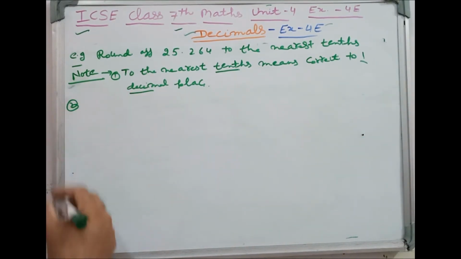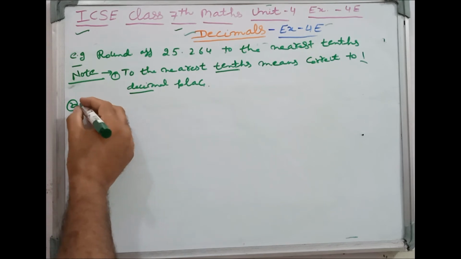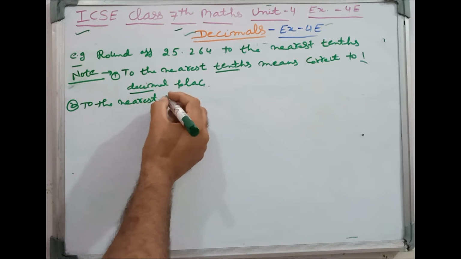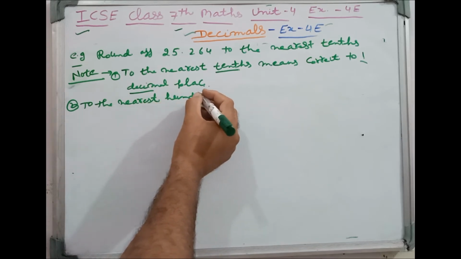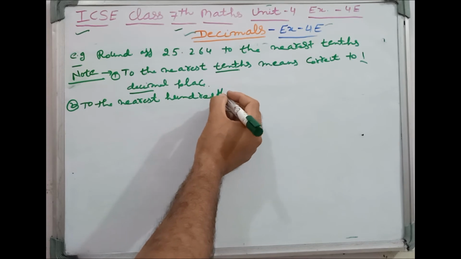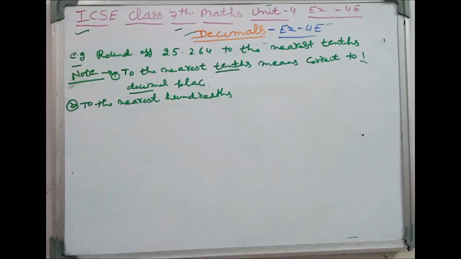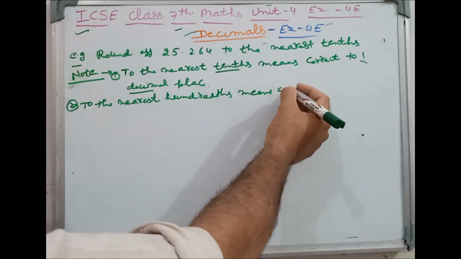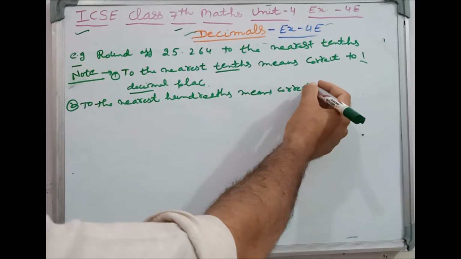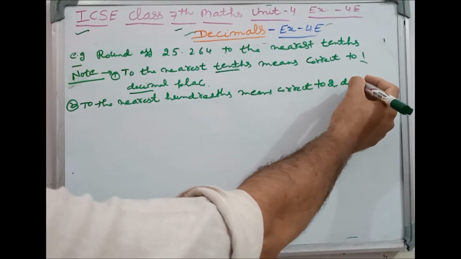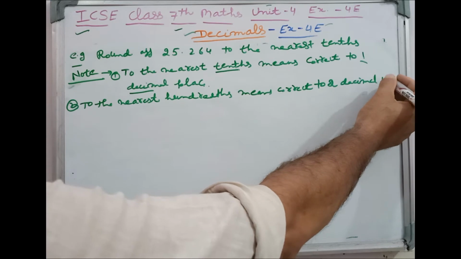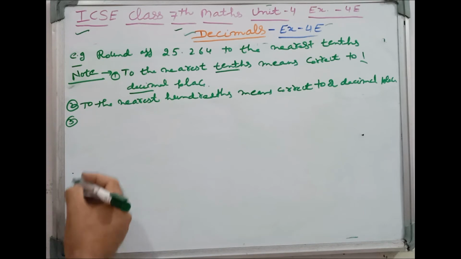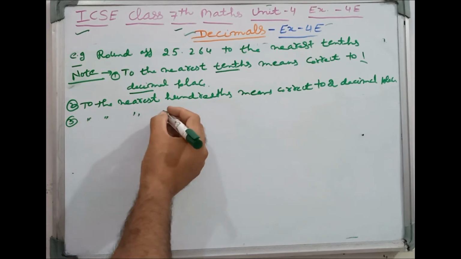Right? The second thing is to the nearest hundredths. To the nearest hundredths means correct to two decimal places. Right, students? Number three, to the nearest thousandths.